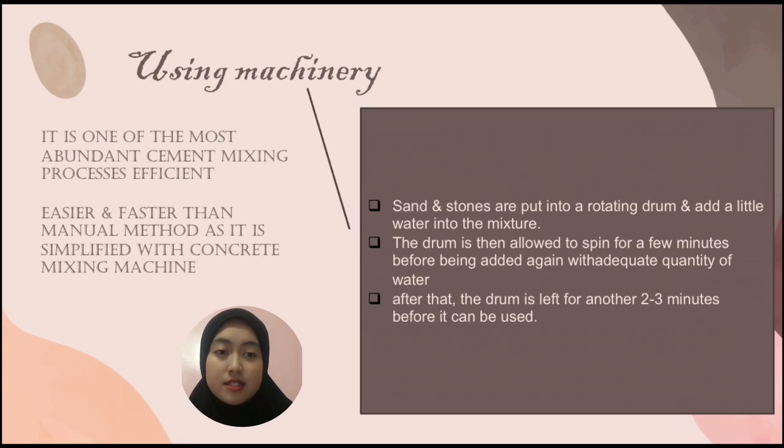The drum is then allowed to spin for a few minutes before being added again with an accurate quantity of water. After that, the drum is left for another 2 to 3 minutes before it can be used.